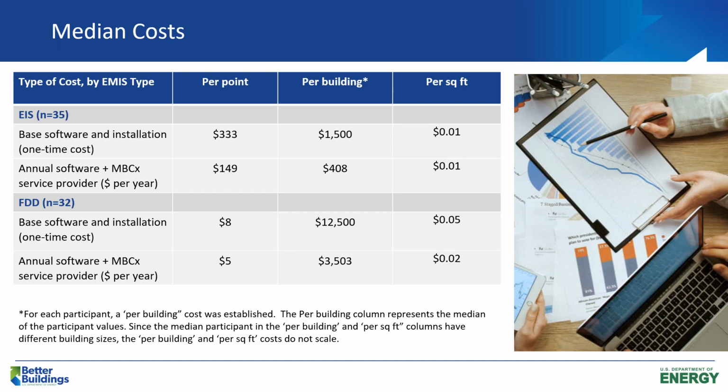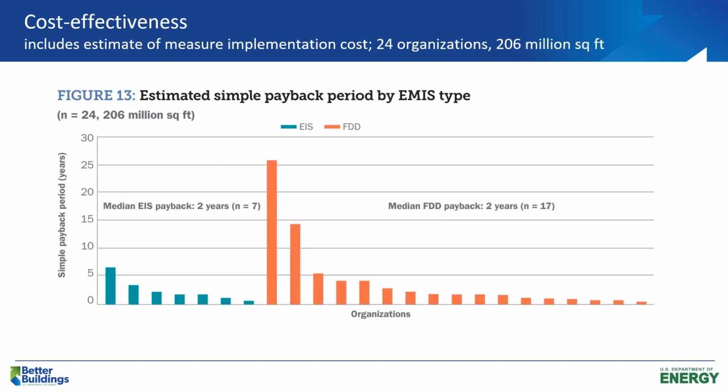And then next slide. If we look at how these all come together in terms of cost effectiveness, we had enough data to do this calculation for 24 organizations. And miraculously enough, we came out with 2 years for both. So EIS saves less, costs less. FDD saves more, costs more, but it's about 2 years.